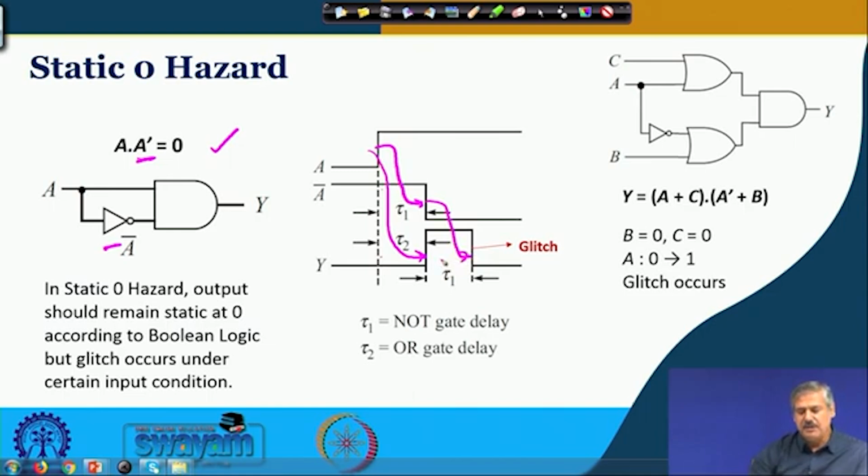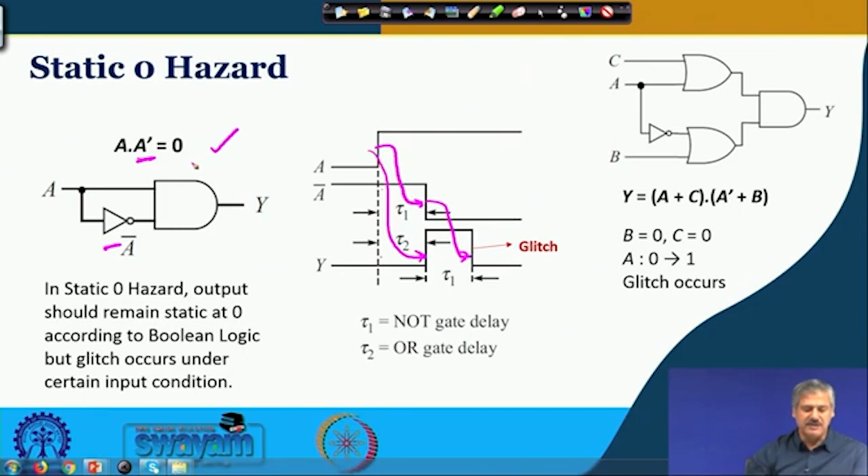So, during that period it remains high. This is the positive going pulse that you see for a short duration because of the propagation delay involved here. Okay. But for the AND relation, you should always get a 0, which is not happening because of the finite propagation delay.